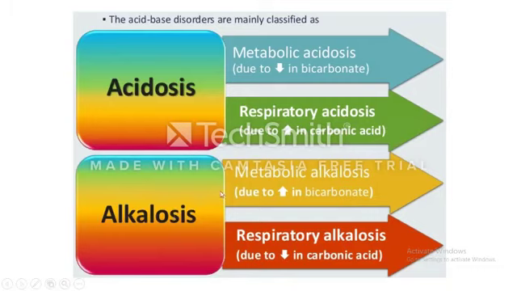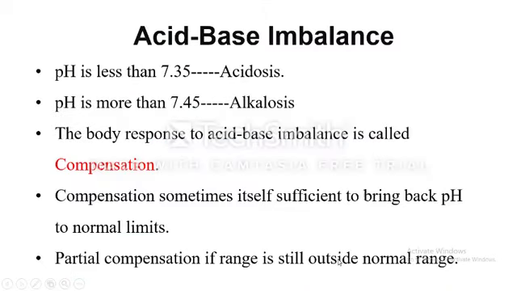Alkalosis also has two different types: metabolic alkalosis, where the reason is the rise in bicarbonate ion concentration, or respiratory alkalosis, where the reason is the drop in carbonic acid concentration. Now in acid-base imbalance, pH less than 7.35 is acidosis, pH more than 7.45 is alkalosis, as we discussed earlier.